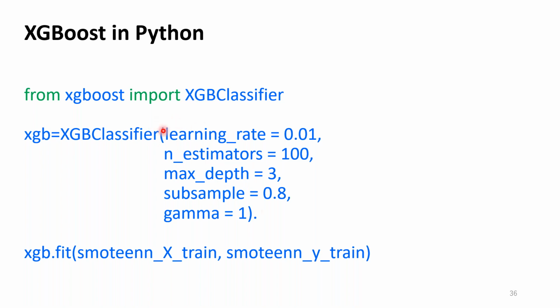So I searched for appropriate values using cross validation, and I found these hyperparameters may be best for reducing the variance.